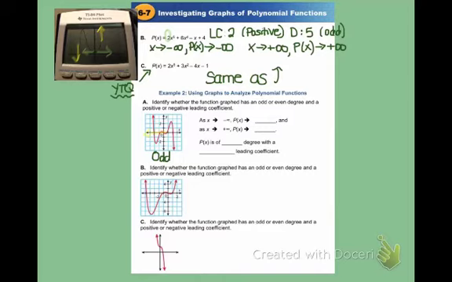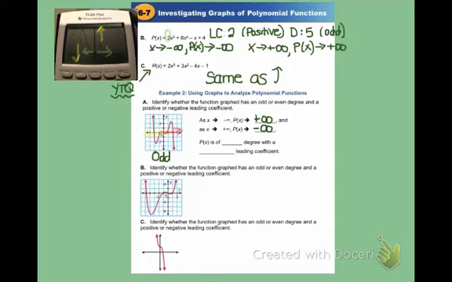It's going up, so it's approaching positive infinity. And then as we go the other direction, as the x values are increasing, approaching positive infinity, the graph is going down. So that means we're going towards negative infinity. And so again, you see how this odd function, the ends, go in opposite directions.